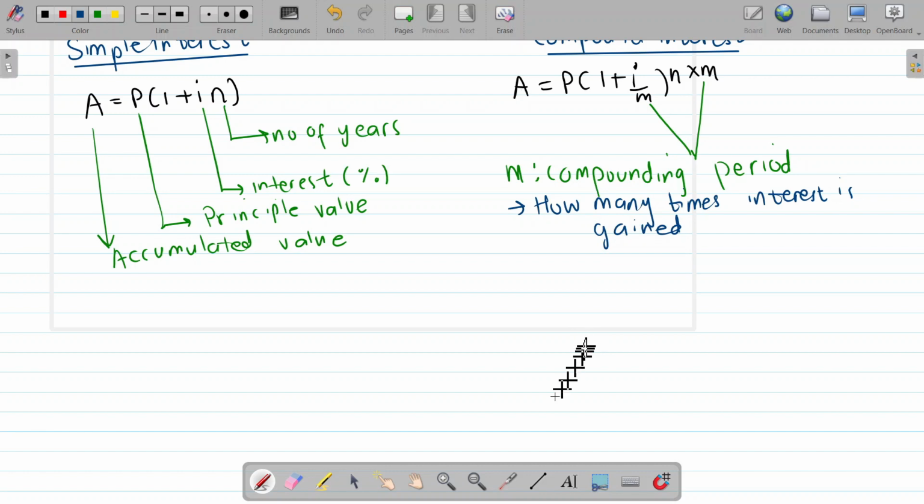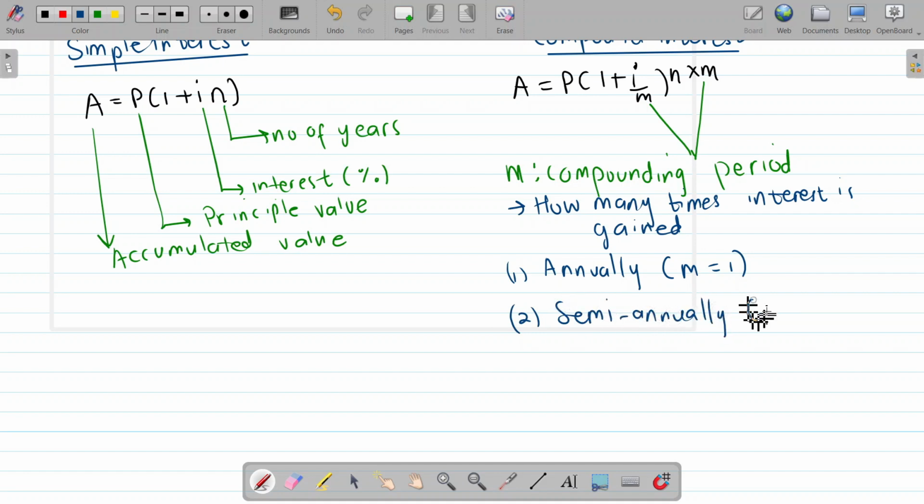Now interest could be gained annually, which means once a year. So your m is going to be 1. Interest could be gained semi-annually, which means twice a year. So your m would be 2.